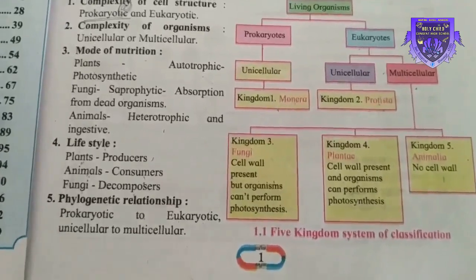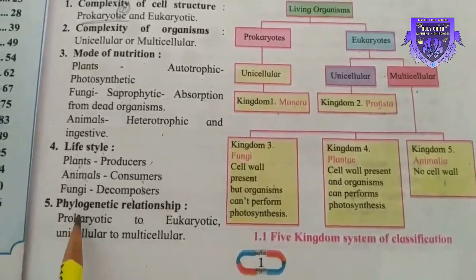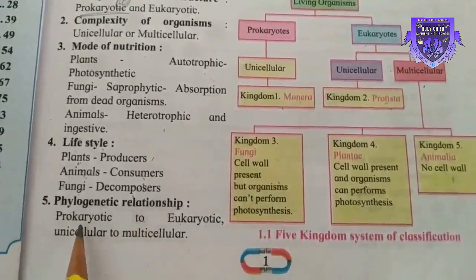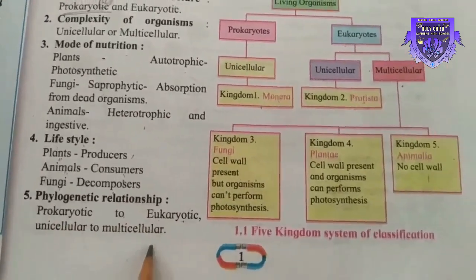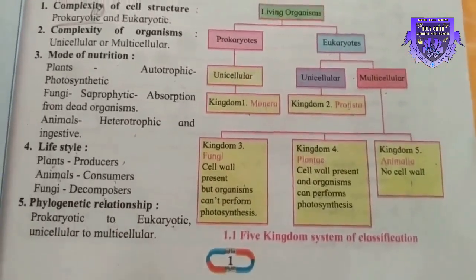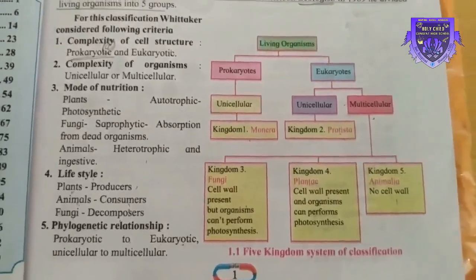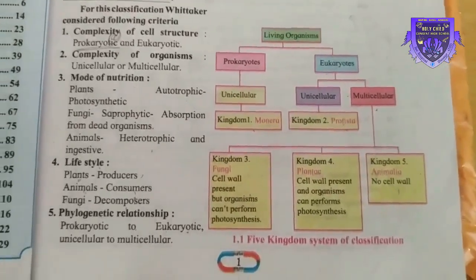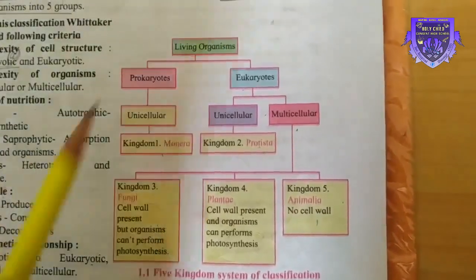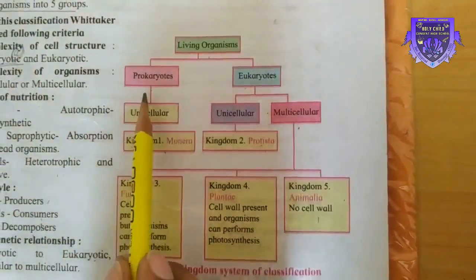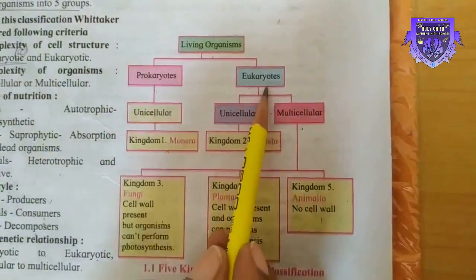If it is in transition period, then it belongs to this criteria, means from prokaryotic to eukaryotic or unicellular to multicellular, means it has certain characteristics of one and certain of the other. What we have seen now is that an organism can either be prokaryotic or eukaryotic.